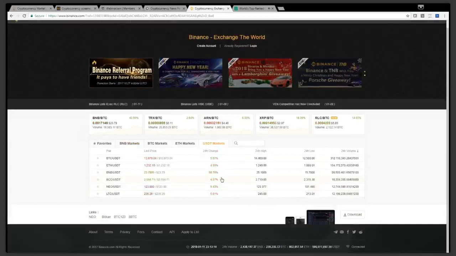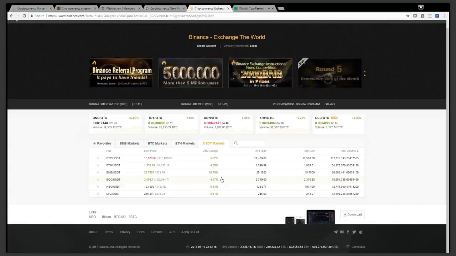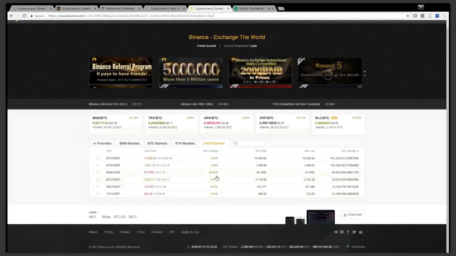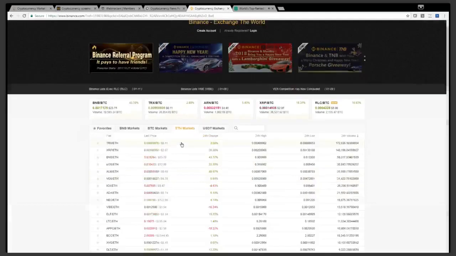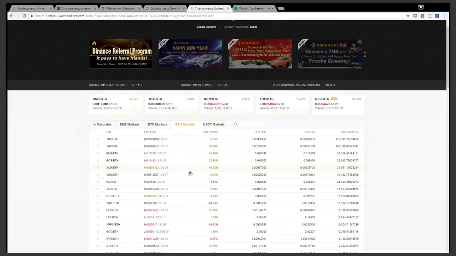Take a look. Binance 50%. The other ones you see 5%. These are in the green, as they're starting to see a rise. Now, go to ETH markets. Excellent. If we take a look, you can actually see there's a percentage.